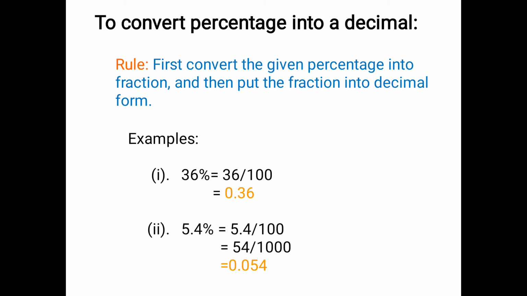But we have only 2 digits, 54. So before 54 we have to add a 0, then keep the decimal dot, and add another 0 also. So this is how to convert the percentage into the decimal.